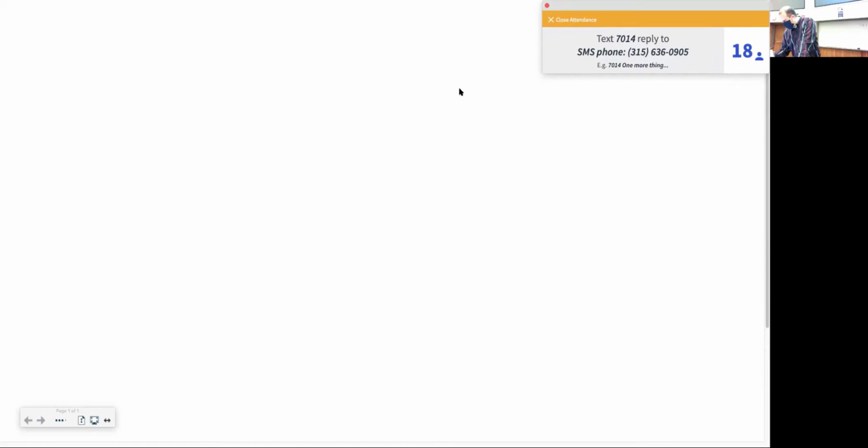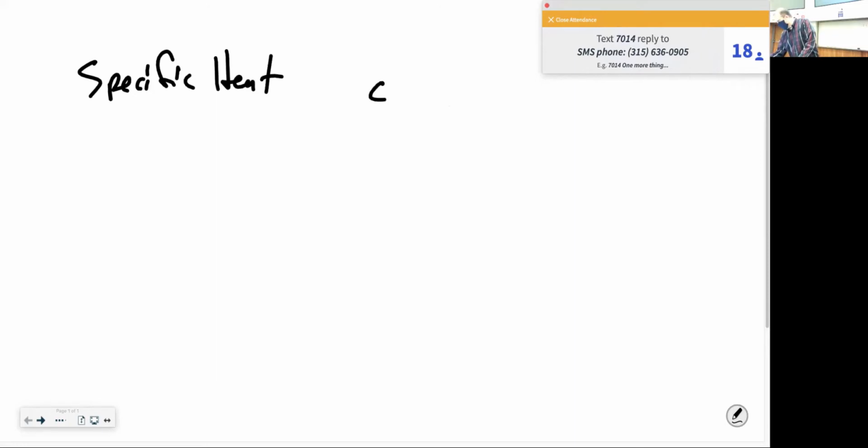So let's go back to specific heats. And recall, we had two of them. We had a C sub V and a C sub P. And these were defined in the following way.